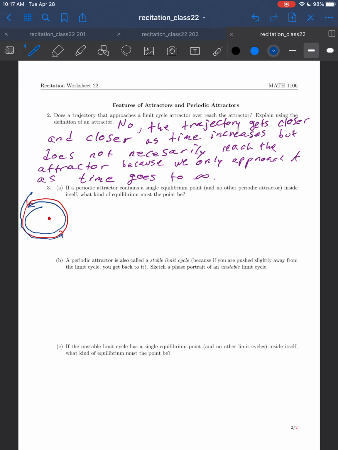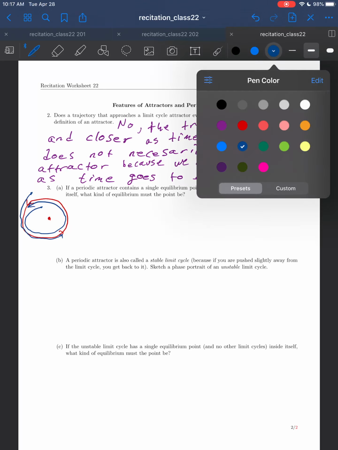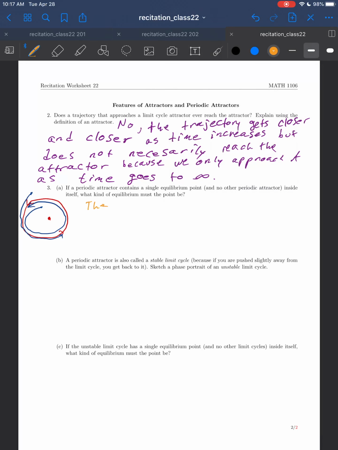So that means we start inside, we move away from the point and towards the limit cycle, towards the periodic attractor. So the equilibrium point must be unstable, and generally speaking, in this case, it will be an unstable spiral.